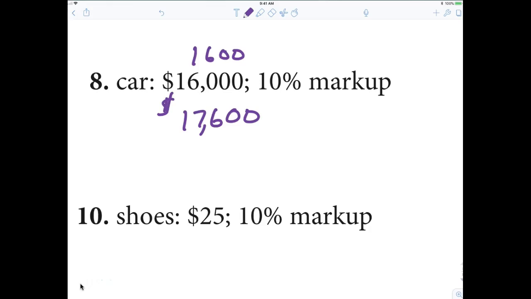Now, notice where I placed the 1,600. I placed it above the 16,000 so I could get a better visual. Everybody see that? All right. Now, if I wanted to, I could just take 16,000 and multiply that by what? 1.1.